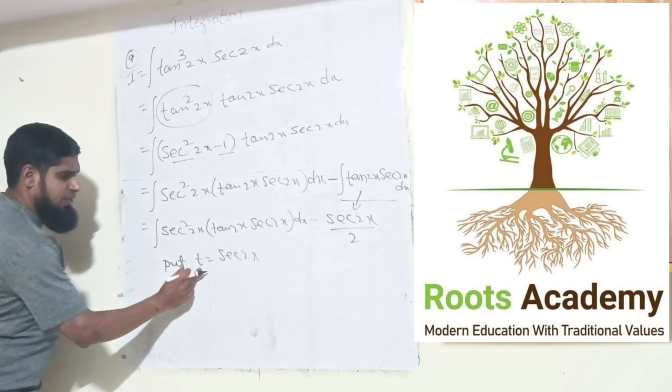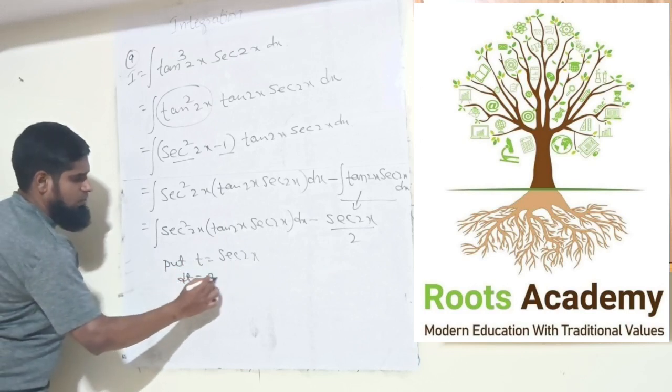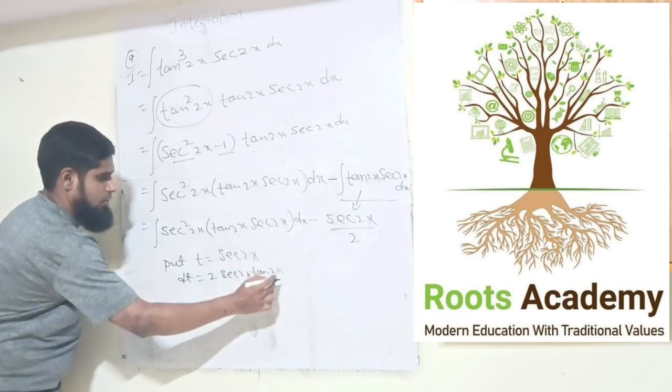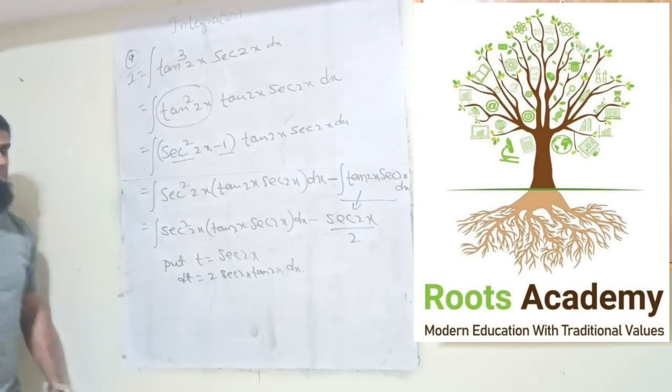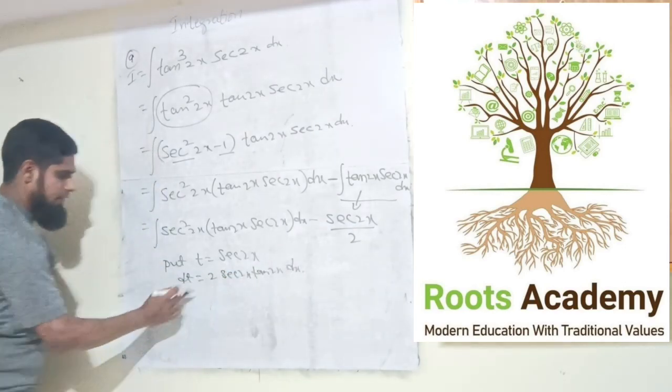So if I differentiate t with respect to x, dt is equal to 2 secant 2x into tan 2x into dx. Or secant 2x tan 2x dx is dt by 2.